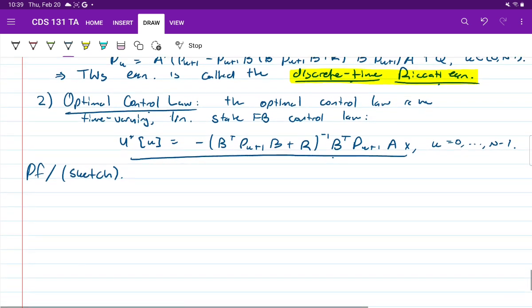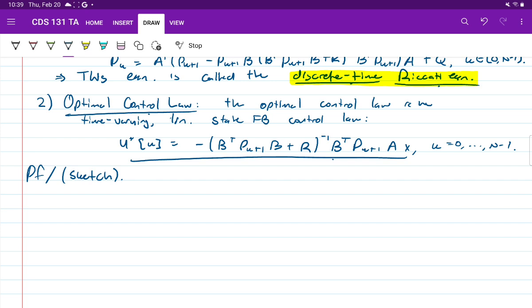All right. So how are we going to prove this result? Well, what we could do is use the dynamic programming algorithm, okay?